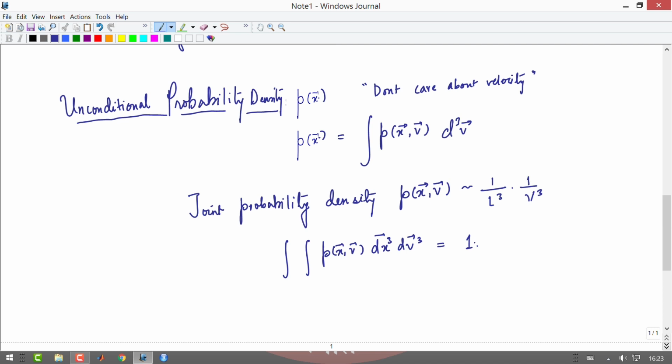Here the range of the integration is from your minimum velocity to maximum velocity, and the bounds of the volume of the box. So that is the meaning of the joint probability density, and knowing this, one can compute the unconditional probability density, which has just been computed in this expression.